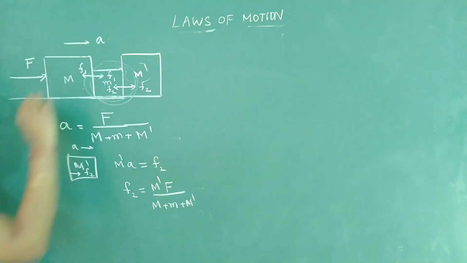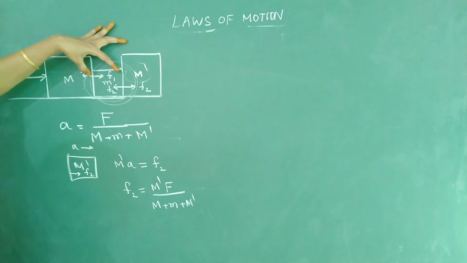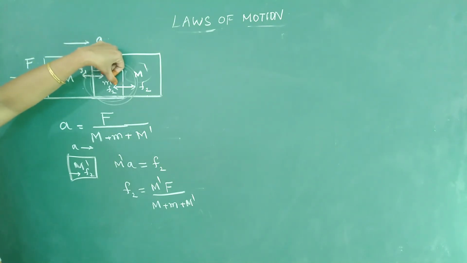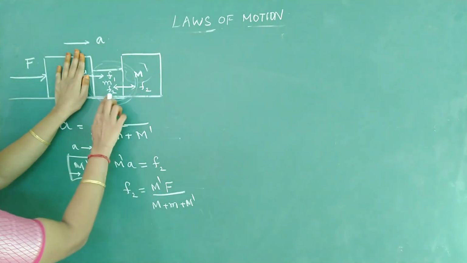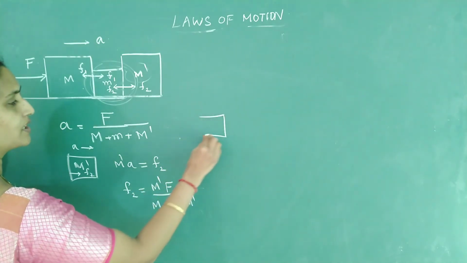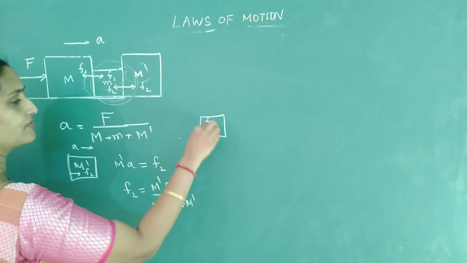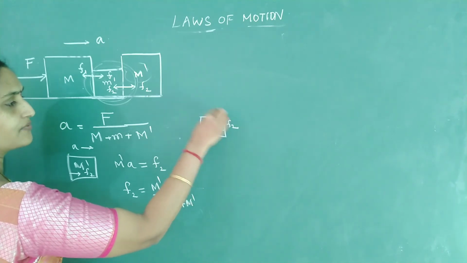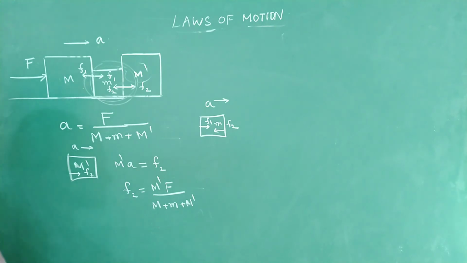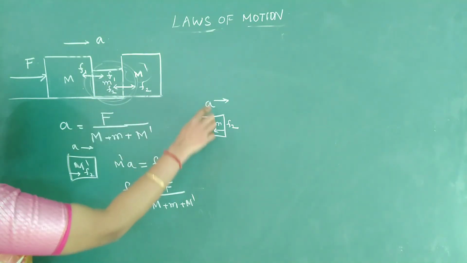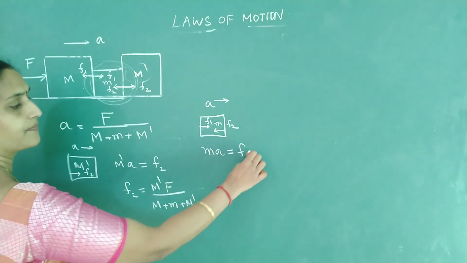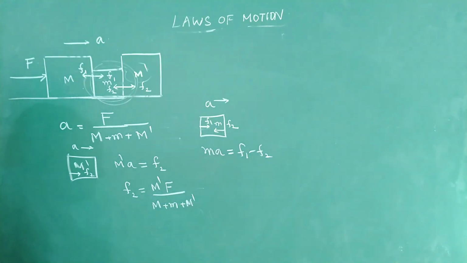Come to the middle block. What are the forces acting on the central block? One force is F1, another force is F2. Okay, if I close these two on the central block, F1 and F2 are the only two forces acting. So make a free body diagram for this. This is F1, opposite is F2, acceleration is A, mass of the block is small m. So m into A, applied minus opposing, F1 minus F2.